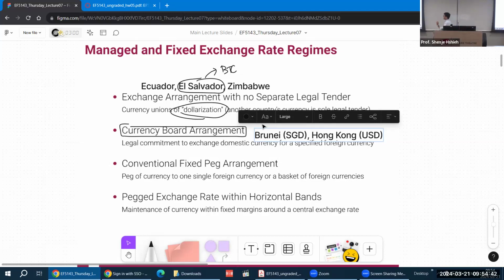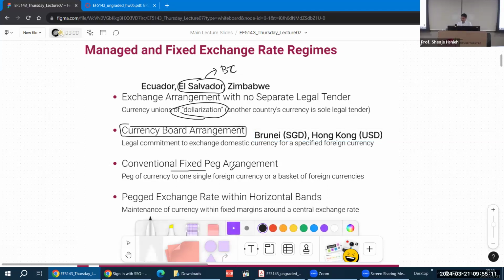Okay, so it's not a conventional fixed peg, because the Hong Kong HKMA and Brunei reserve the right to adjust the peg, or the currency is allowed to fluctuate within some band, right? So that's why it's called a currency board arrangement, because they have flexibility and freedom to potentially modify in the future, okay? They have flexibility, in other words.